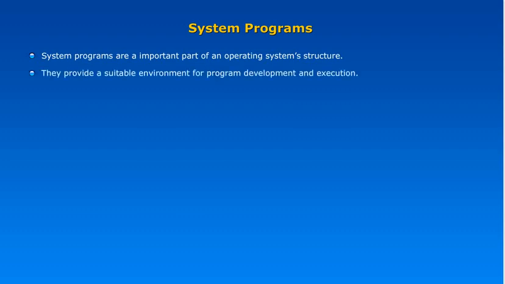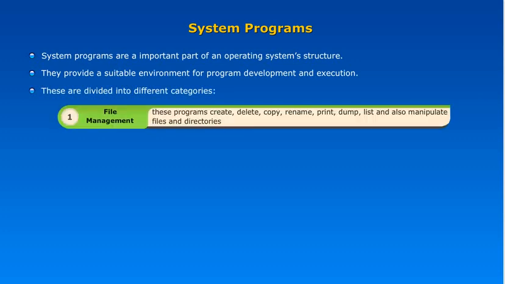System programs. System programs are an important part of an operating system's structure. They provide a suitable environment for program development and execution. These are divided into different categories. File management.